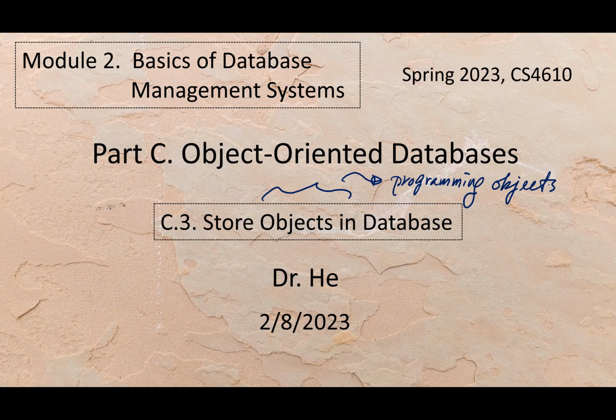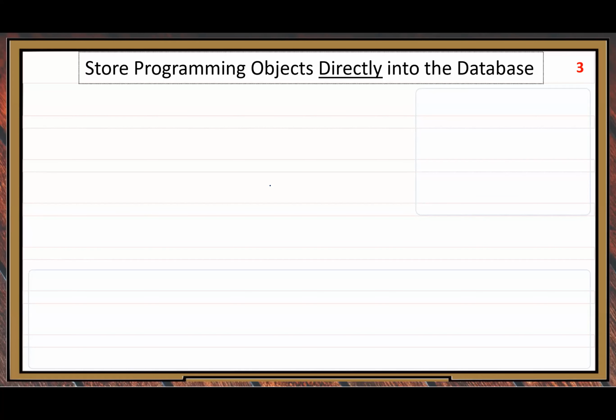Object-oriented: this object here, we refer to the programming object. Object-oriented databases. Let me explain this concept. How to store objects in a database directly, not indirectly, directly. Store programming objects directly into the database.